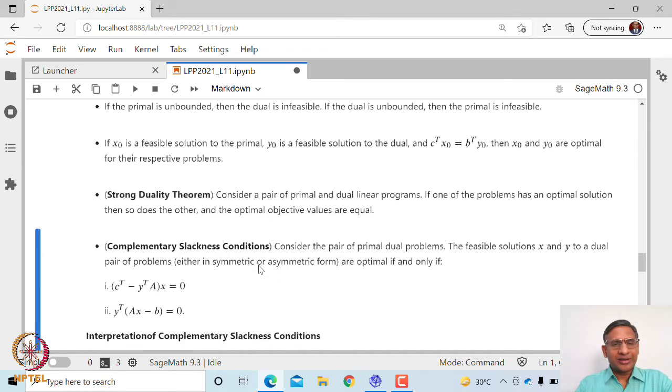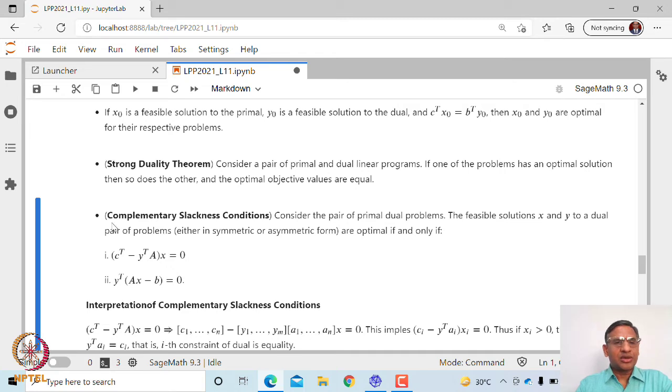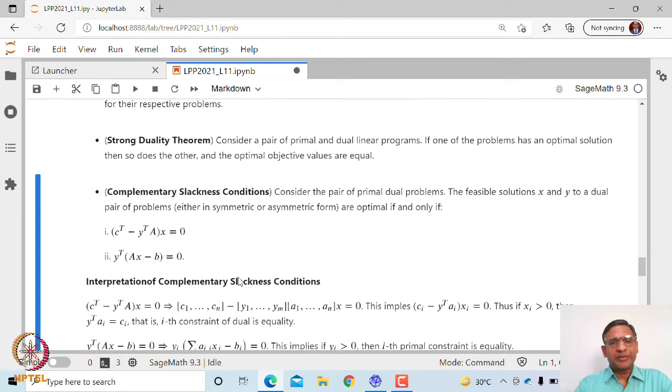Now let us look at another result, which is called the complementary slackness condition. Actually, this provides some kind of relationship between the values of the design variables of the primal and the dual, right? And what does it say? Consider a pair of primal dual problems. Let x and y be feasible solutions of the pair.